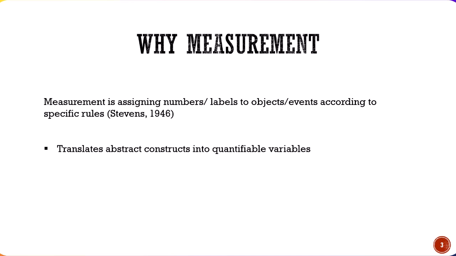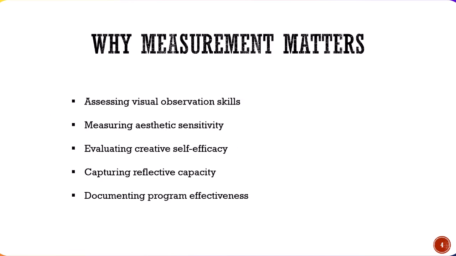These specific rules or guidelines help us assign numerals or label events or objects in order to translate abstract constructs into quantifiable variables. When you have variables that are abstract and not quantifiable, through measurement we will be able to convert them into quantifiable variables.